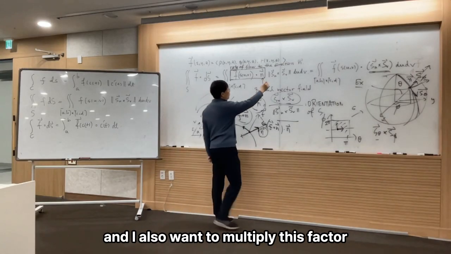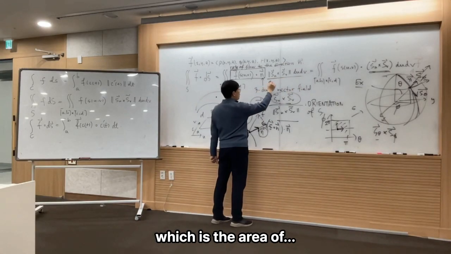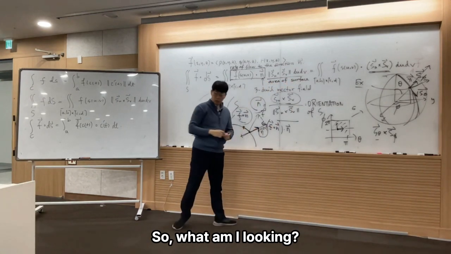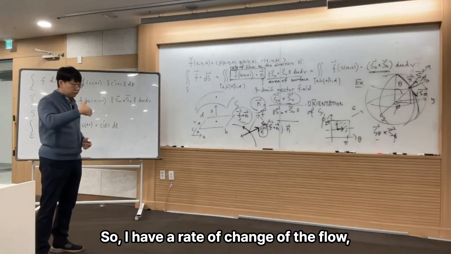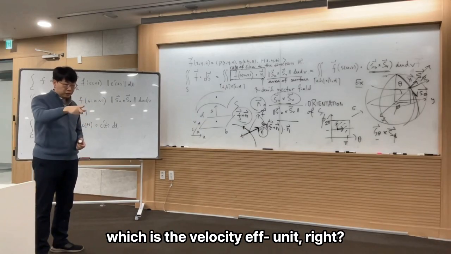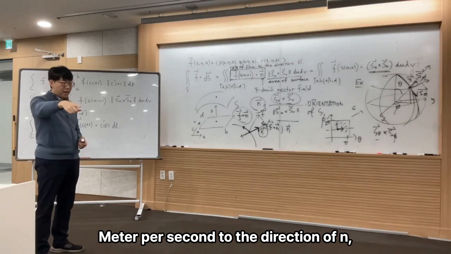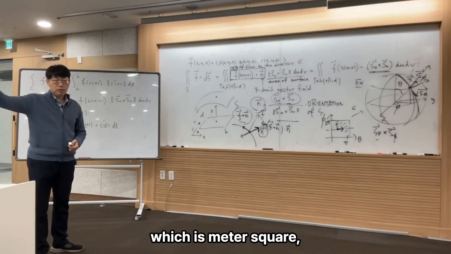And I also want to multiply this by the area of a small piece of the surface. So what am I looking at? I have a rate of flow, which is a velocity unit, meter per second, in the direction of n. And I multiply it by the area unit, which is meter squared.